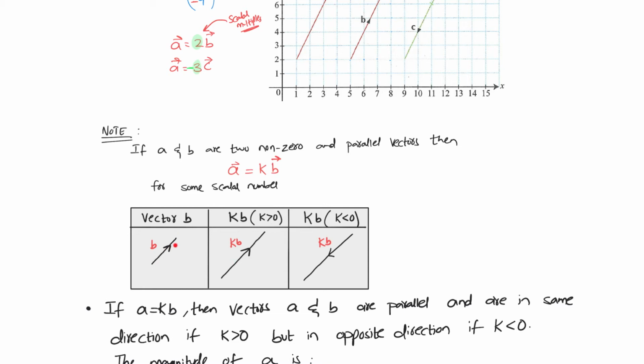This was just vector B. If k is greater than 1, let's say 2, then 2B is going to be double the size of vector B. If k is less than 0, however, as in the case of -3 over here, that indicates the opposite vector.